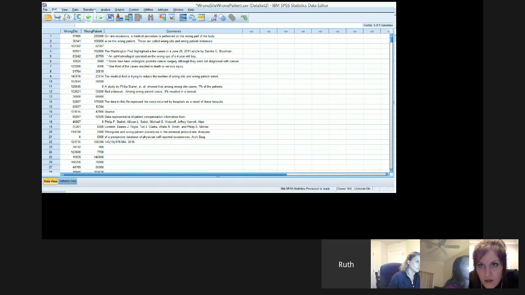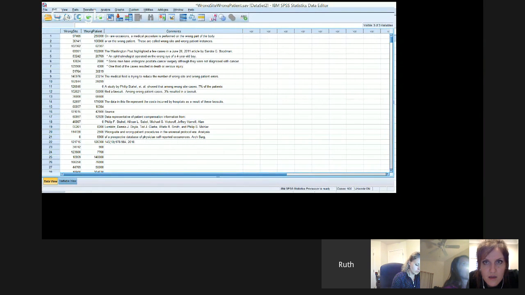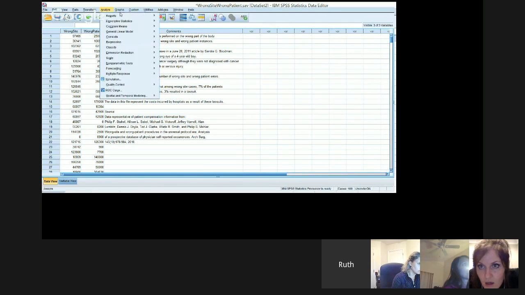So, number 3, we have to find the mean amount hospitals had to pay in wrong site lawsuits. So, yes, we are going to wrong site. Okay, so we would go to analyze means.